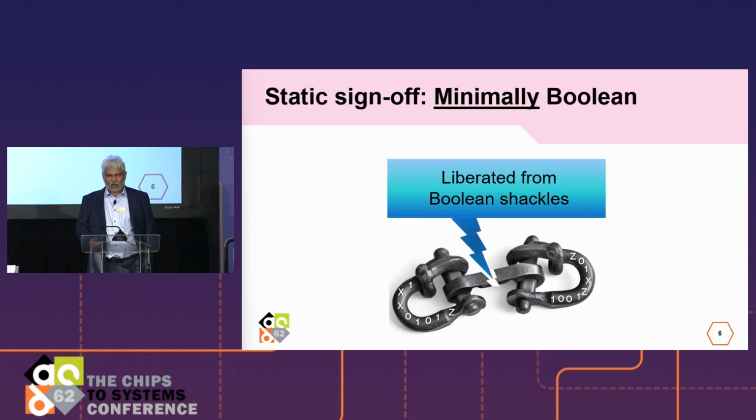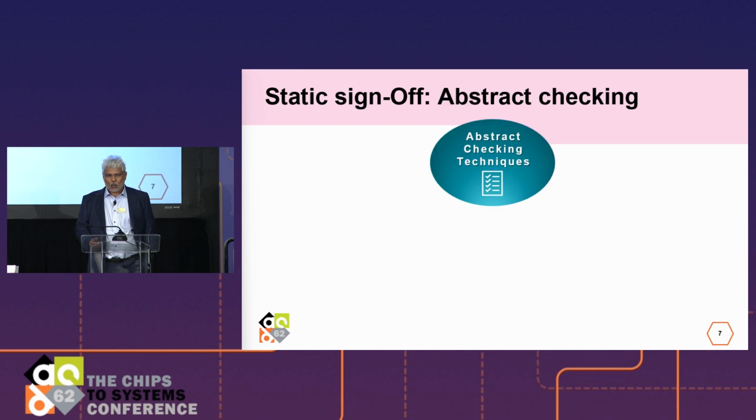Now, static sign-off builds custom solutions for specific problems. As a result, they can be minimally dependent upon Boolean analysis, and this is how it breaks from the Boolean shackles. Because static sign-off applications are custom solutions, they can employ abstract reasoning.